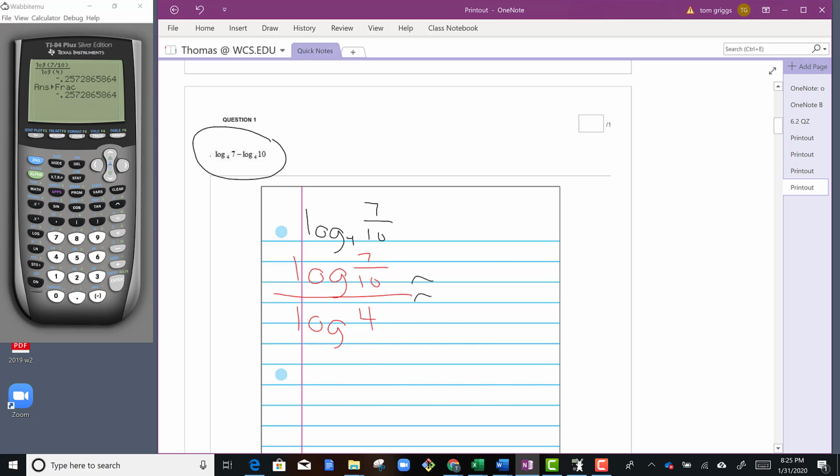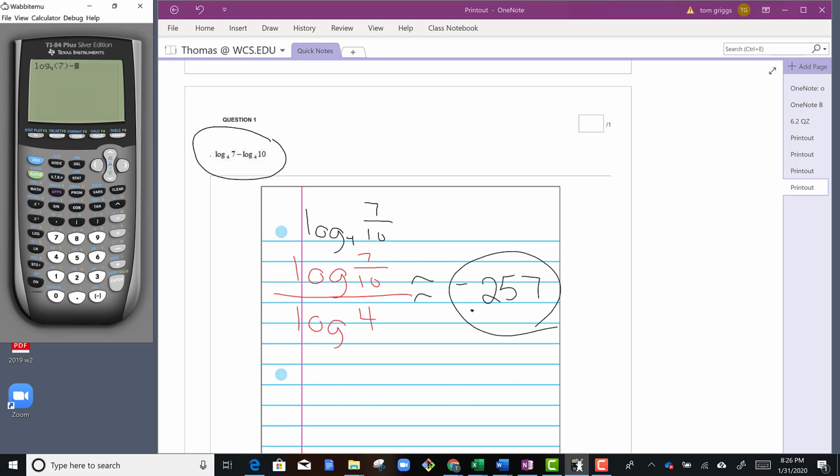Let's do that to 3 decimal places. So that's negative 0.257. And remember, you can easily check this because underneath the math key, if you scroll all the way down, you can choose log base, and then we can check this original problem by really just typing it in.